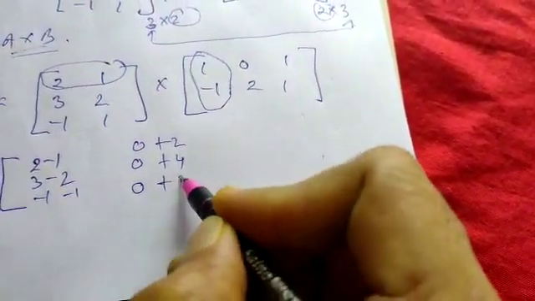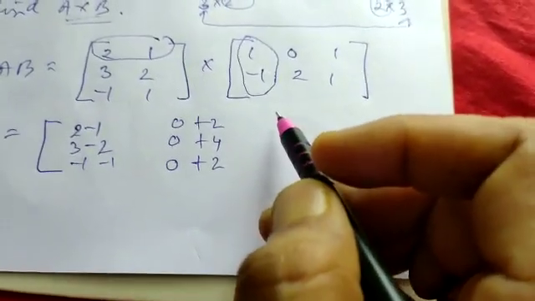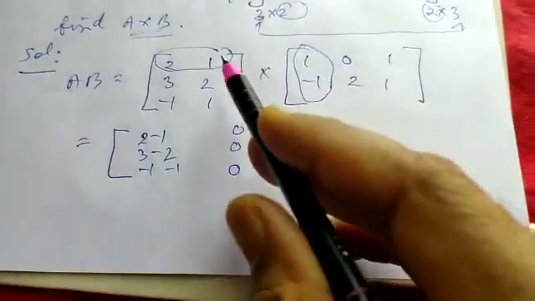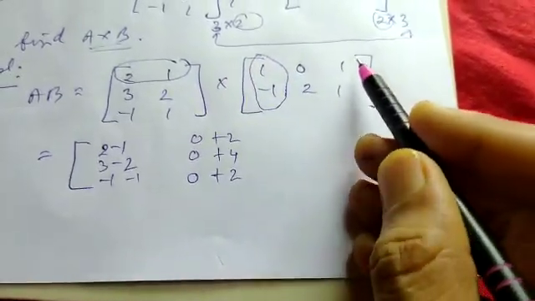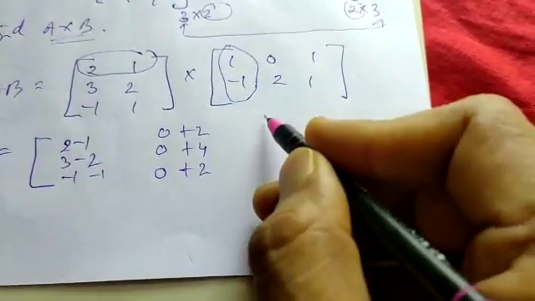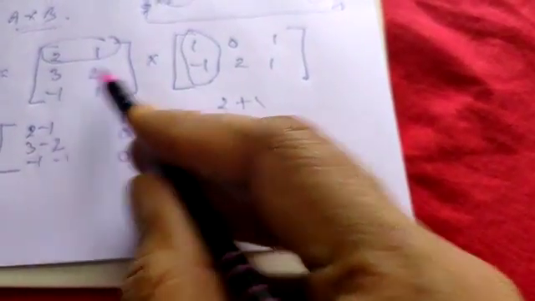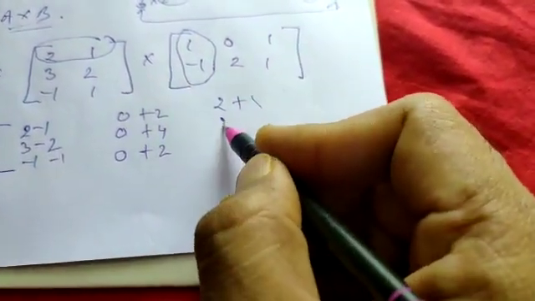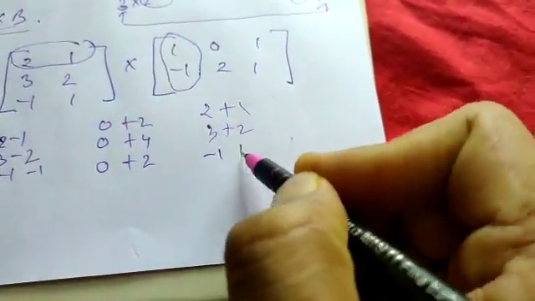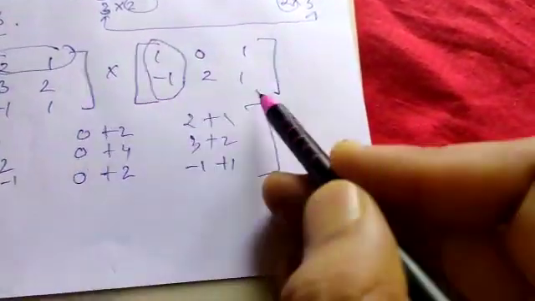And now for the third column of matrix AB, we will take the elements of R1, multiply with the elements of column 3 of matrix B. So 2 into 1, 2, plus 1 into 1, 1. Similarly 3 will multiply with 1, 3 into 1, 3, plus 2. Similarly minus 1 into 1, minus 1, and plus 1.